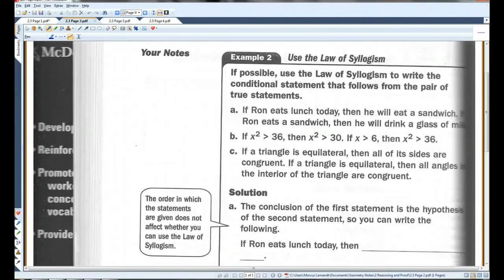If possible, use the law of syllogism to write the conditional statement that follows from the pair of true statements. All right, so A: if Ron eats lunch today, then he will eat a sandwich. If Ron eats a sandwich, then he will drink a glass of milk.